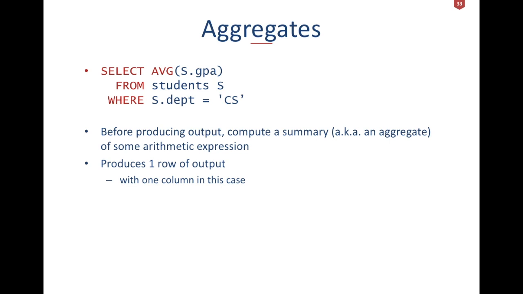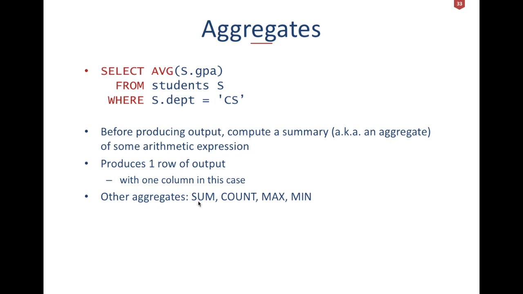Aggregates are very important in SQL in that we can select average s.gpa. In here, we're going to get only one value, which is the average of the GPAs where the department is computer science. So this will give me one row and one column, which means one value. This computes, call it a summary.